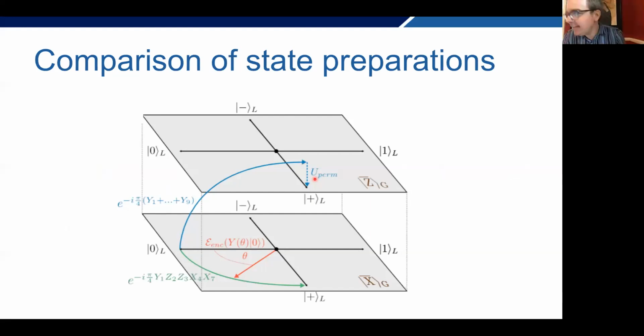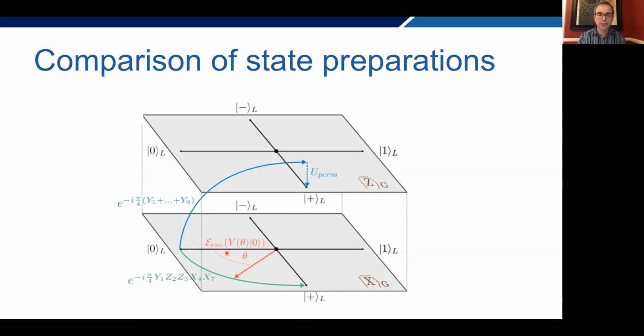Now, to look at gates, I need to remind you just a tiny bit about subsystem codes. In subsystem codes, you have degrees of freedom which you basically don't worry about, called gauges. And the way that a fault-tolerant pi/2 Y gate works for Bacon-Shor is that when you apply it and a permutation, you actually switch the gauges, which from a big perspective doesn't matter, but it is something to keep in mind.